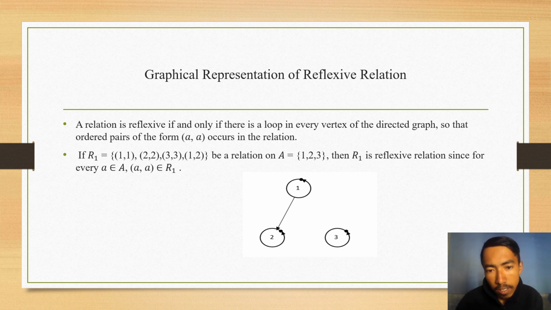In this graphical representation, at vertex 1 there is a loop, at vertex 2 there is also a loop, and at vertex 3 there is also a loop. That means every vertex has a loop, and also vertex 1 goes to vertex 2. That's why it is a reflexive relation.